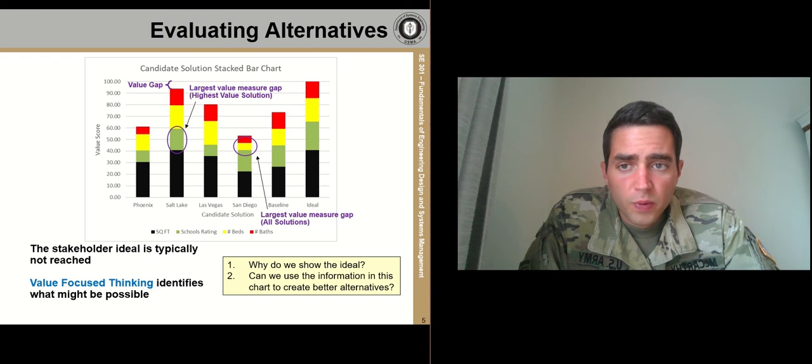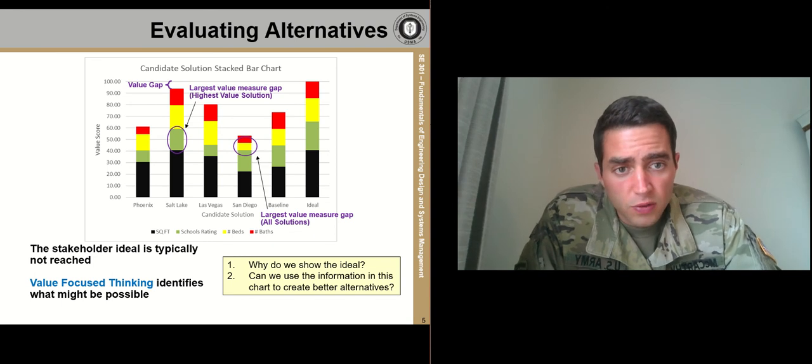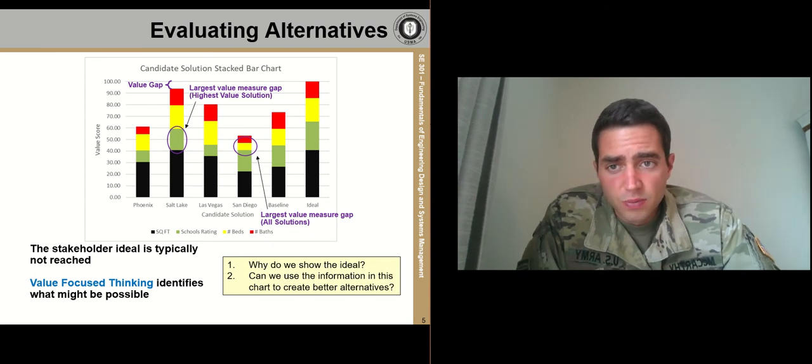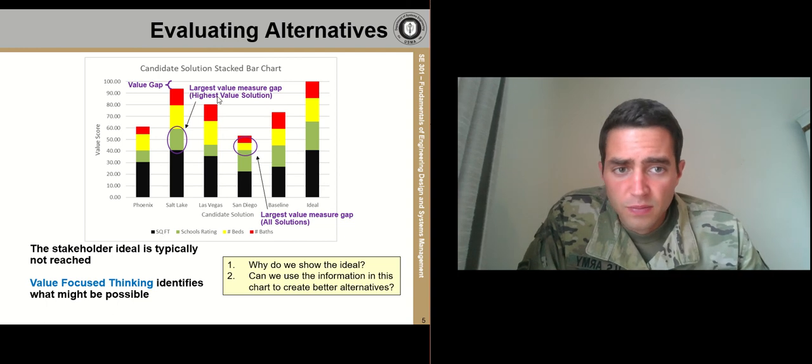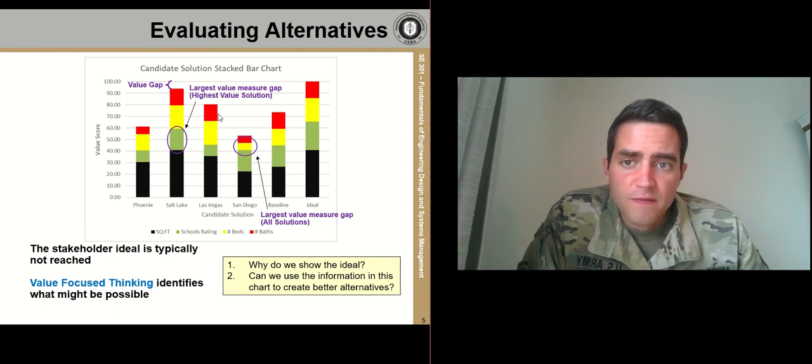From there, we look at how we can minimize this value gap of 7. I'm going to try to improve this solution of Salt Lake to a point where it gets as close as possible to 100. So I'm going to look at the largest value measure gap. And what I mean by value measure gap is that value measure that's as far away from the ideal as the others.